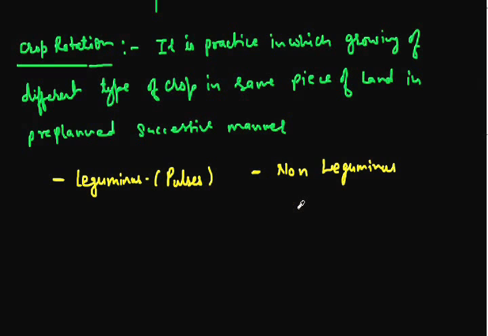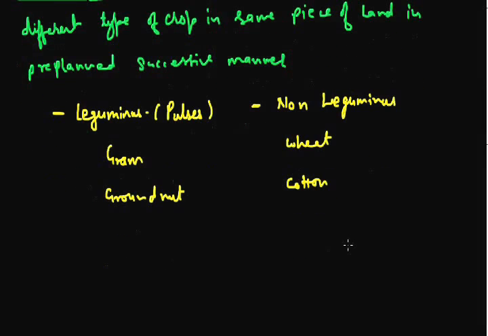For example, leguminous: gram, groundnut, pea. In the case of non-leguminous: wheat, cotton, rice, etc. So these are the non-leguminous crops. The crops are rotated in the agriculture field. This is known as crop rotation.